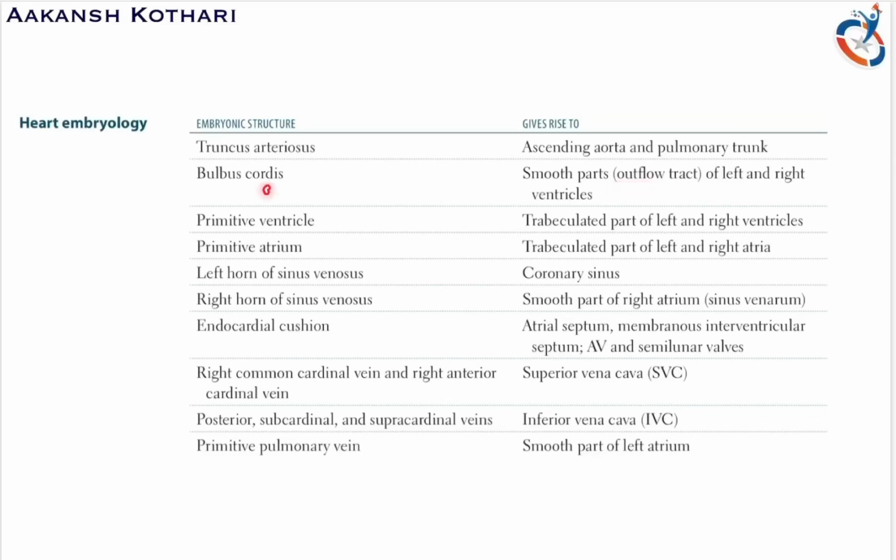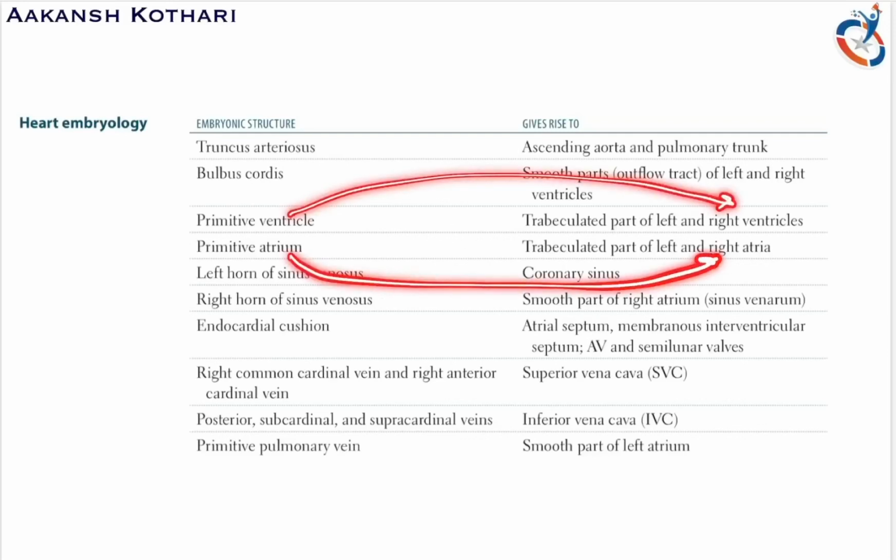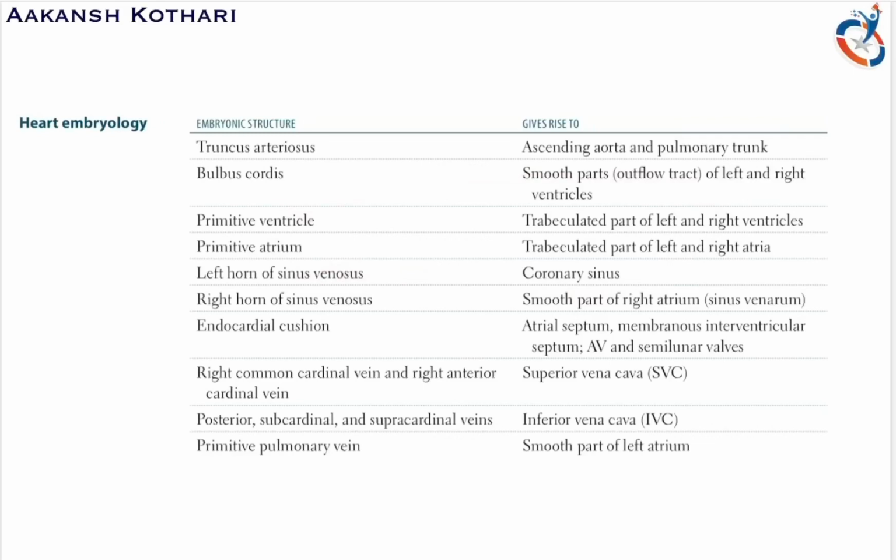That is the outflow tract. The primitive ventricle and the primitive atrium give rise to the trabeculated parts of both left and right ventricles or atrium respectively. The ventricles give rise to ventricles, atrium gives rise to atria.